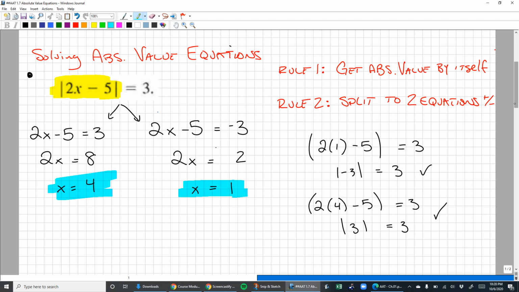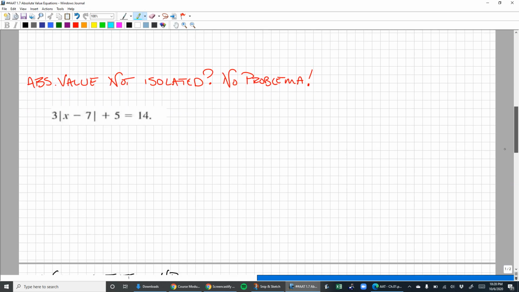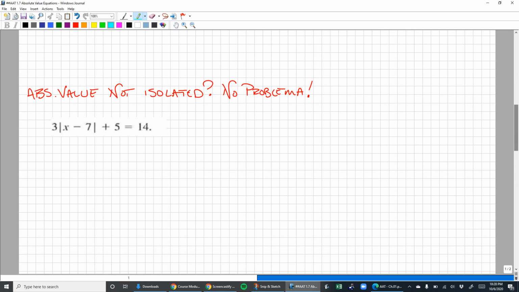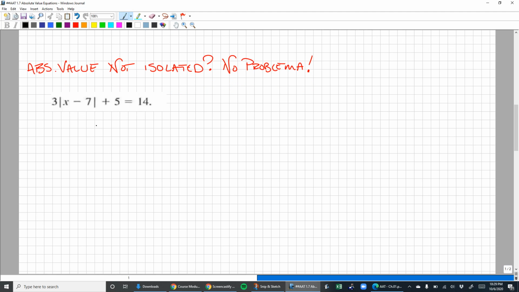Now let's try one where rule 1 needs to be applied to get the absolute value by itself. If that's the case, we're not going to split it until we get the absolute value by itself. So I'm going to do operations like minus 5 on both sides and get 3 times the absolute value of x minus 7 is equal to 9. Divide by 3 on both sides. You don't need to show that work, but you still have the absolute value of x minus 7 is equal to 3.